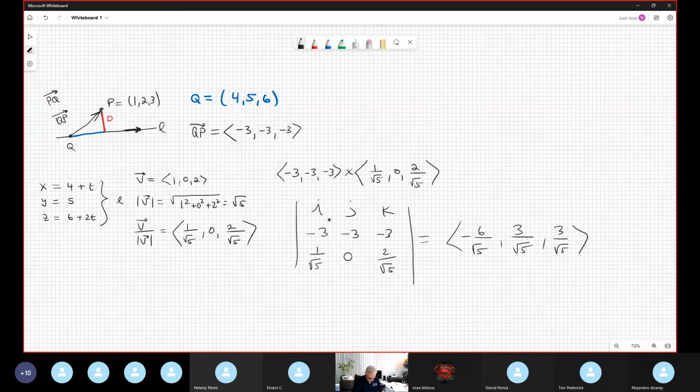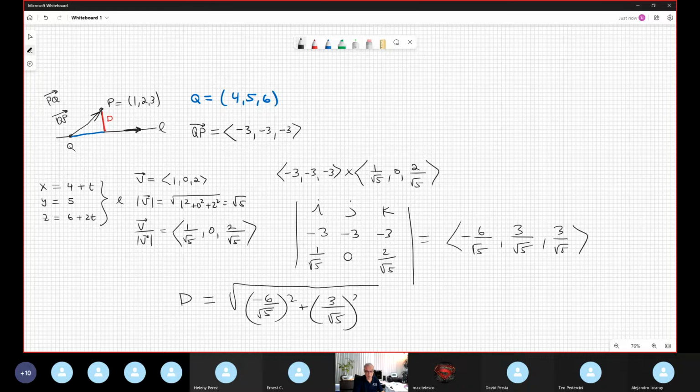The only thing you should do is compute the distance, get the magnitude of this. Distance is the square root of (-6 over radical 5) squared plus (3 over radical 5) squared plus (3 over radical 5) squared.